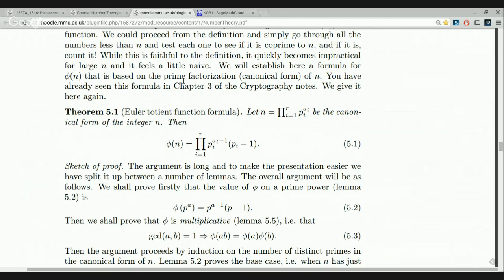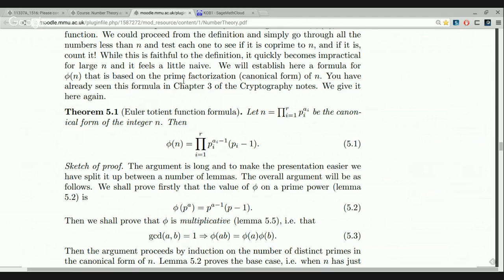This is the common notation we used. We wrote n as a product of primes p_i raised to the power a_i, for i from 1 up to r. So this n has r distinct prime factors, p1, p2, p3, and so on, and they each occur to a power a_i in the prime factorization.